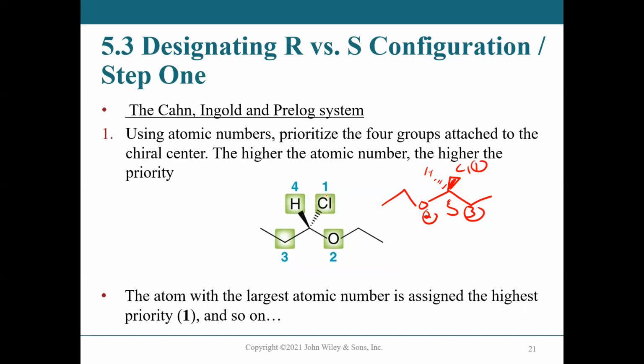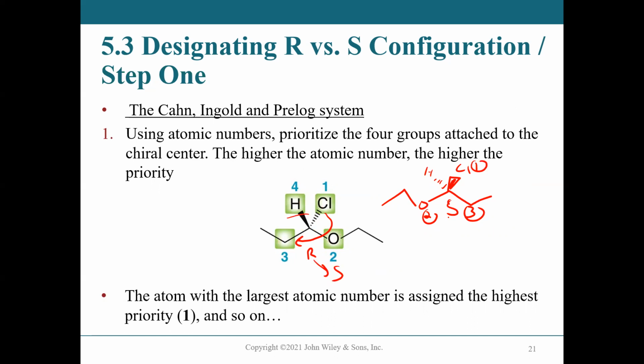You could have just said, here's your 1, here's your 2, here's your 3. No, you go this way. Sorry about that. You go this way. It's R, but since the lowest priority is sticking out, you have to flip that to the S. So you don't have to redraw it like this.